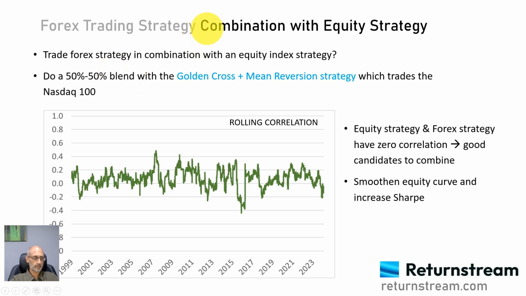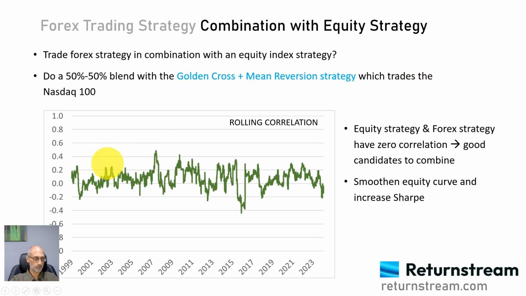What if we combine this Forex strategy with an equity strategy? What if we do a 50-50 blend with the golden cross plus mean reversion strategy, which trades the NASDAQ 100? And that's a strategy that I backtested in one of my other videos. I'll put a link to that one as well in the description box.